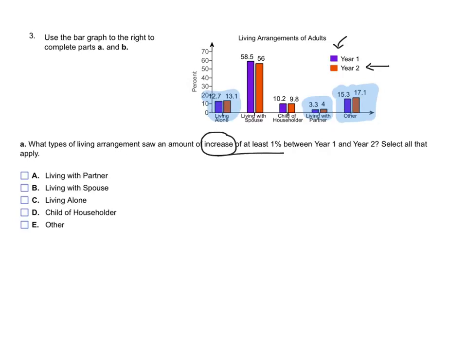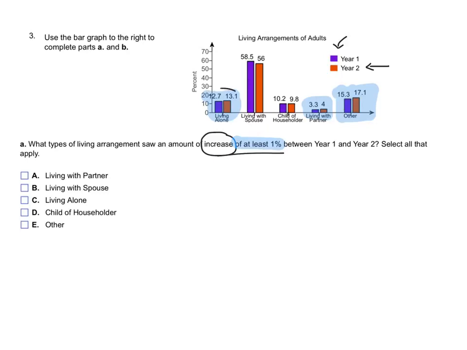Now my second criteria is I want an increase of at least 1%. So the difference between the two values from year 1 to year 2 should be at least 1%. So we're going to look at the groups that we just highlighted and just subtract the purple bar from the red bar. And that will give me my increase.